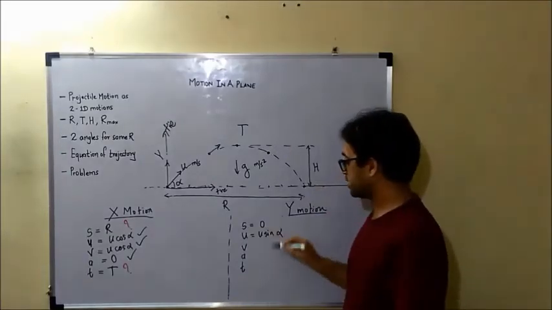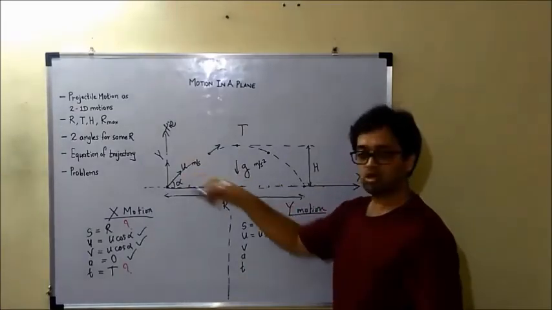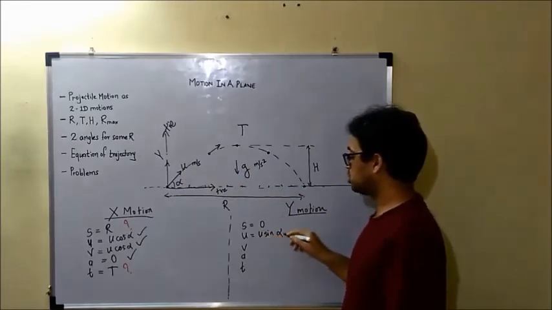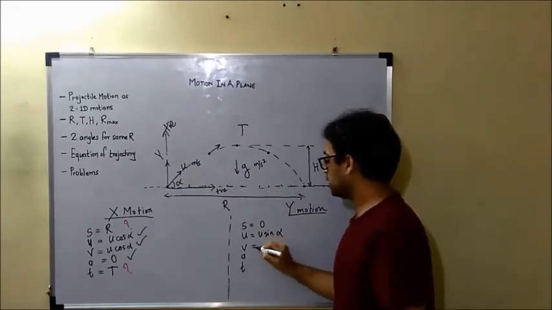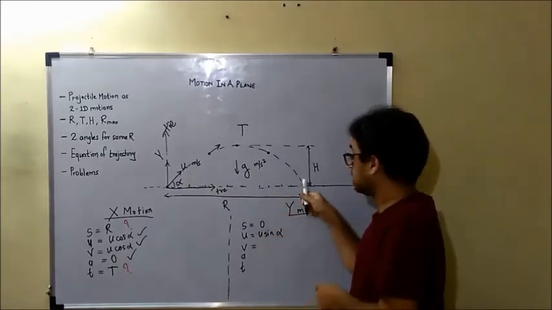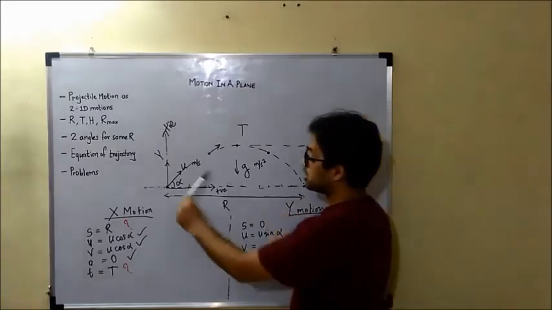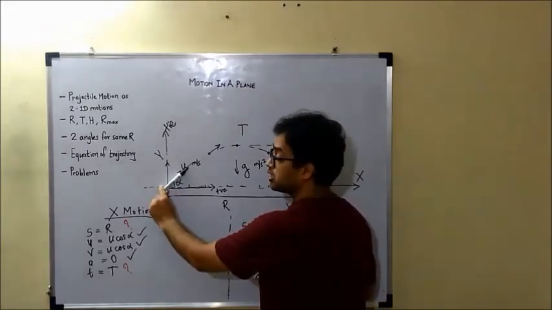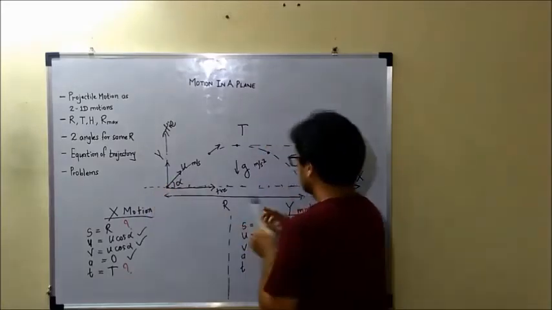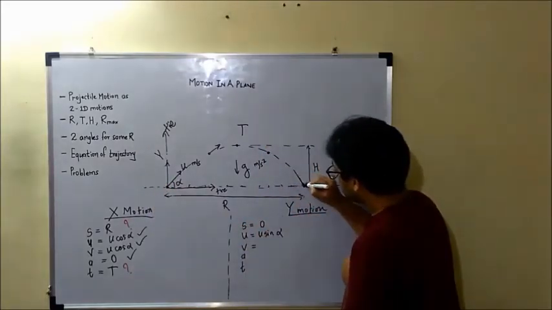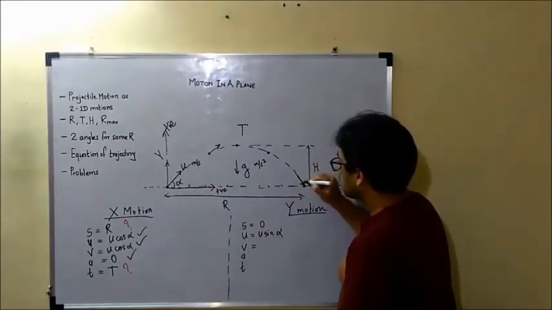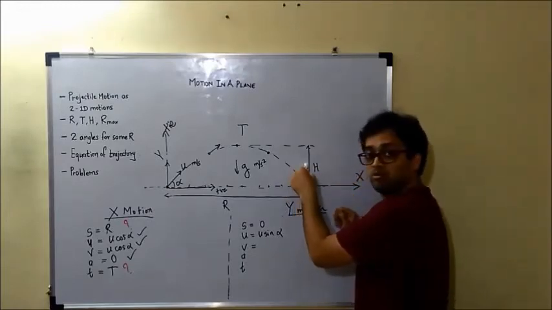Now coming to the y side, you have s equal to 0 because there is no vertical change in position. U is equal to u sin alpha. V is equal to, now the final velocity in the vertical direction. That means, what is the initial velocity in the vertical direction? It is u sin alpha. Finally, when the ball is about to hit in here, what will be its vertical component of the velocity?